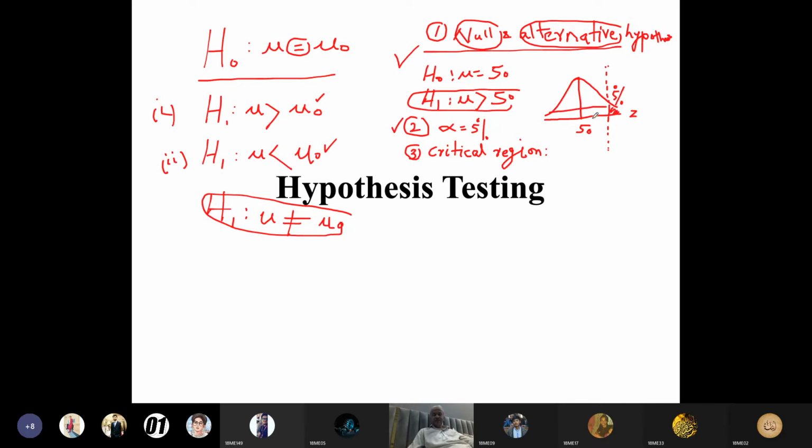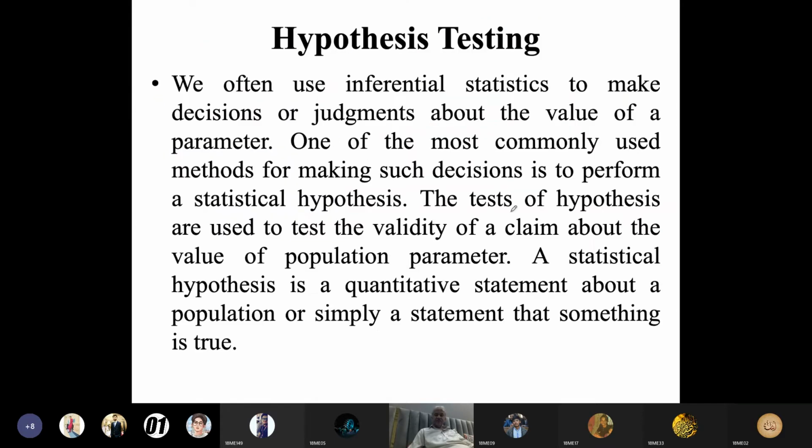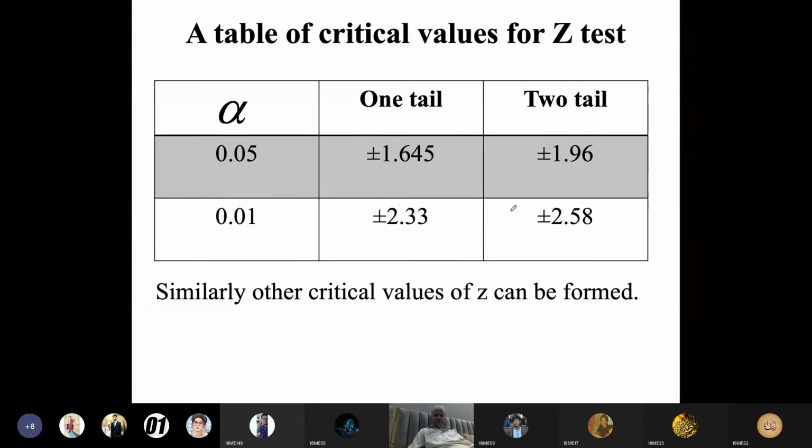If z covers the mean 0, whatever the mean is, that is 0. Now, if the z is 1.2, how much is the 5% level of significance? We define a table. At 5% level of significance, we have 1.645.